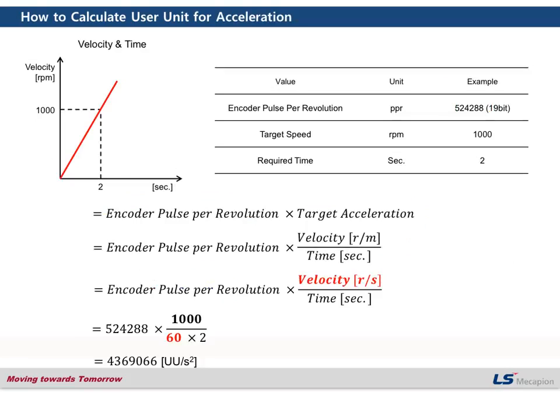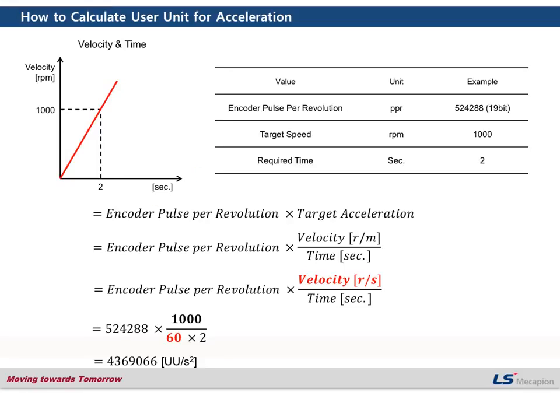In the previous page, we checked how to calculate the velocity, but in this page, we are going to check how to calculate the acceleration. There are several things we have to check, but by checking this chart, you can find all the information we need.